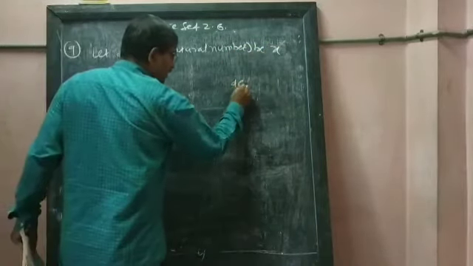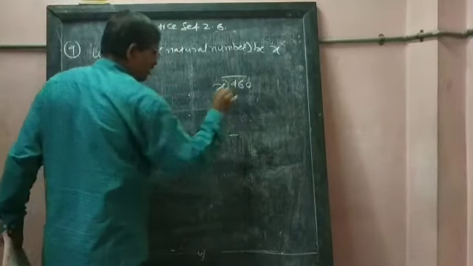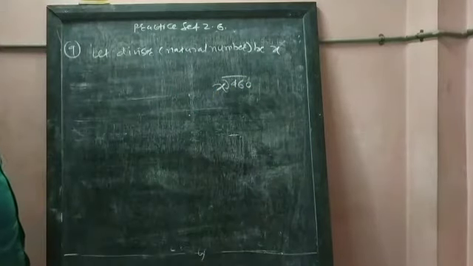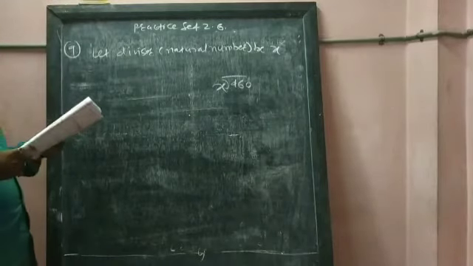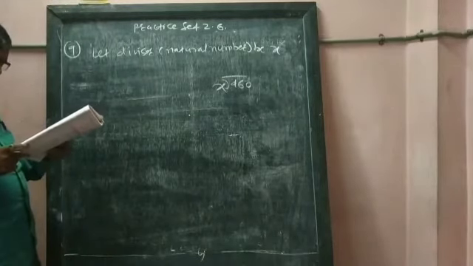So 460 is divided by the divisor. What will happen? 460 is divided by x, then the answer is given.